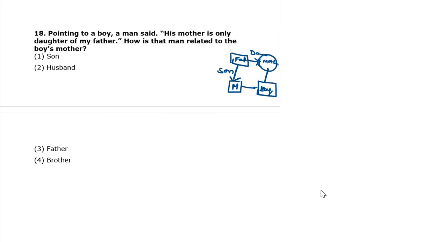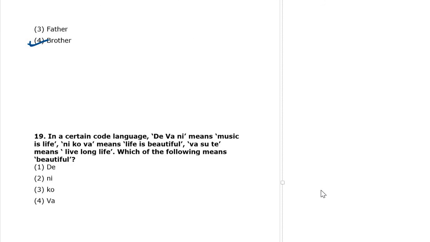Only daughter of my father. So what are these two? Mother is a sister, and he is a son. Okay, these two are brother and sister. How is the man related to the boy's mother? Brother. Come to the next question.